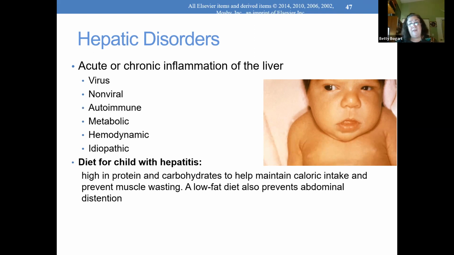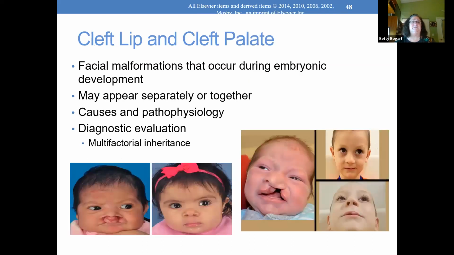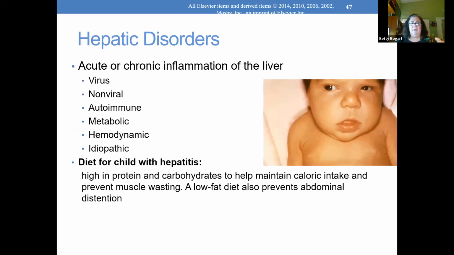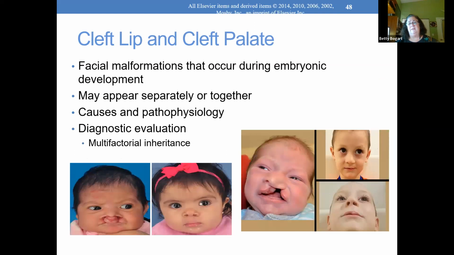Remember, liver, fat digestion. If we don't have a good liver, we're going to have a lot of gas and discomfort. So high protein, carbohydrates, low fat.